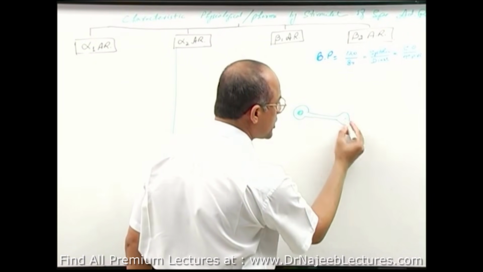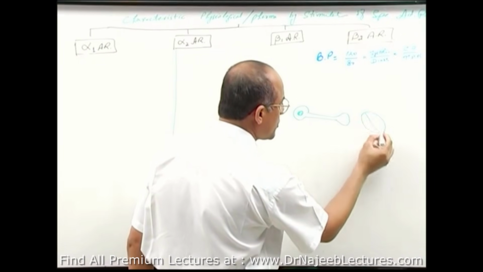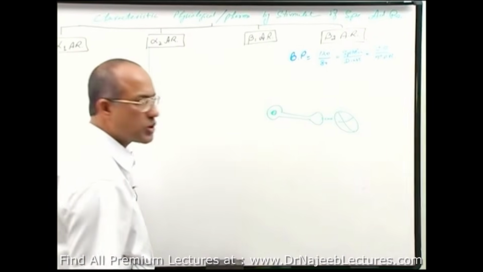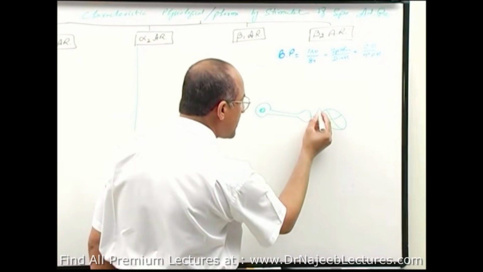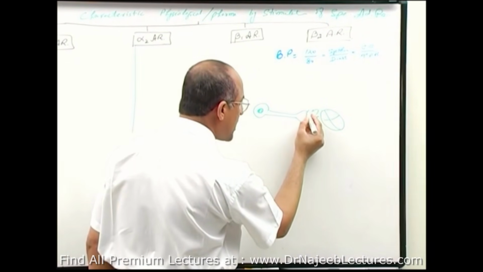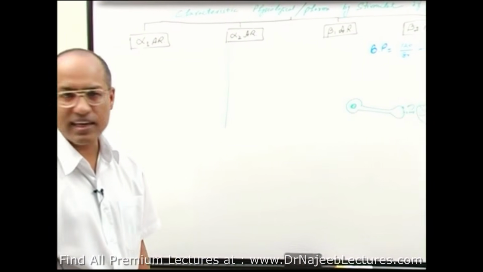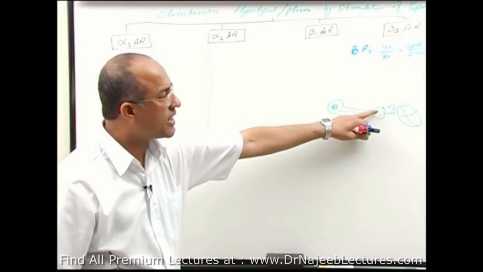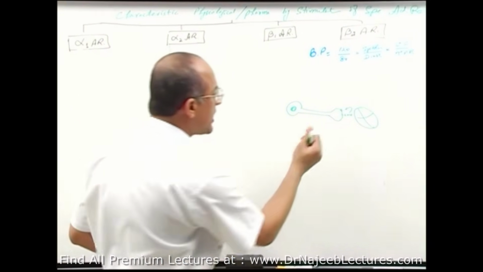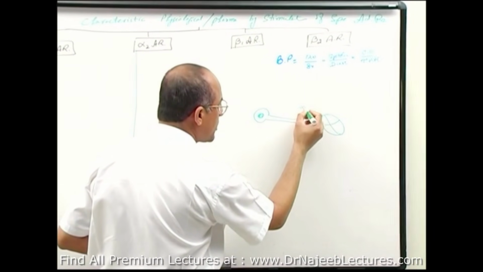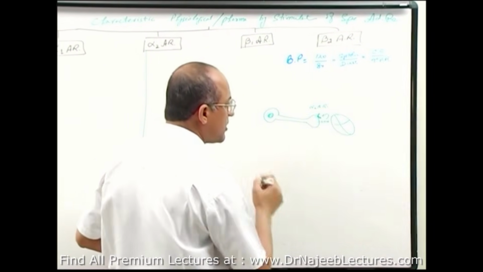If it is an adrenergic neuron releasing norepinephrine on the target tissue, a part of the norepinephrine acts as a negative feedback on the presynaptic receptors. This presynaptic receptor is the alpha 2 adrenergic receptor, right?